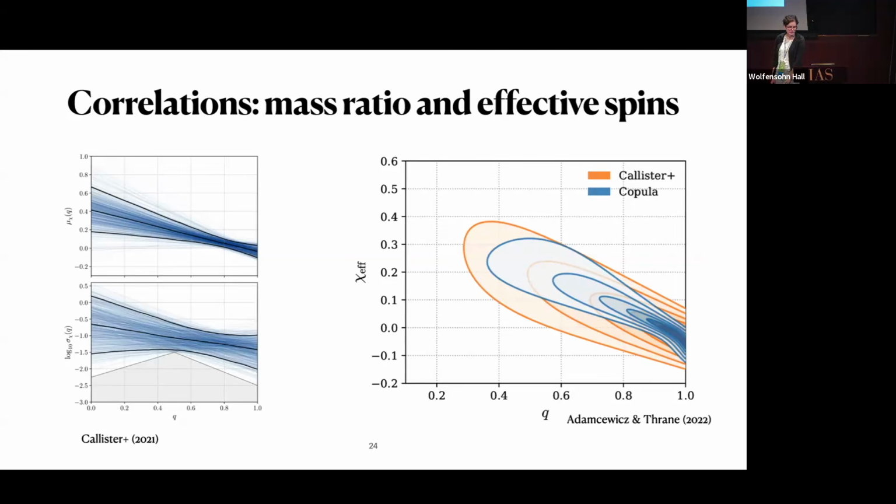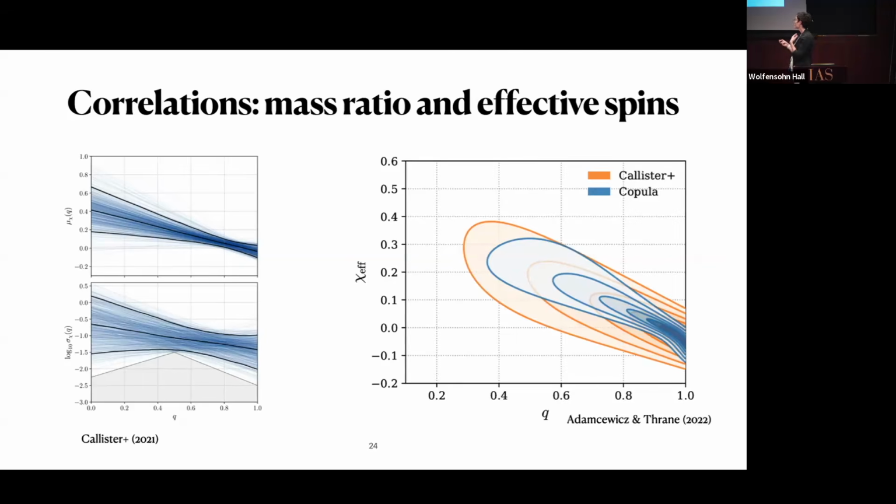One thing I should say is that the data is still consistent with it being a correlation in the standard deviation, even though this plot makes it look like a correlation in the mean of the chi-effective distribution.